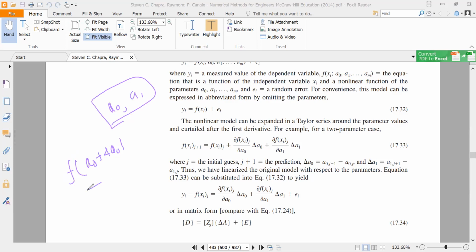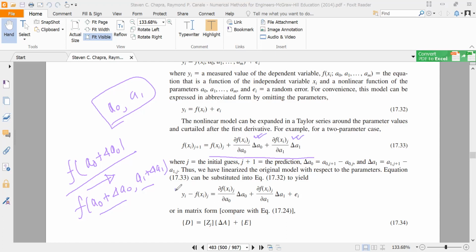Can we use our Taylor series there? Yes, sir. Now you see how many variables we have? Two. Then this function should be evaluated at A0 plus del A0 and A1 plus del A1. Then for your two variables, up to the linear term, it would be equal to this for your first variable, and this for your second variable.